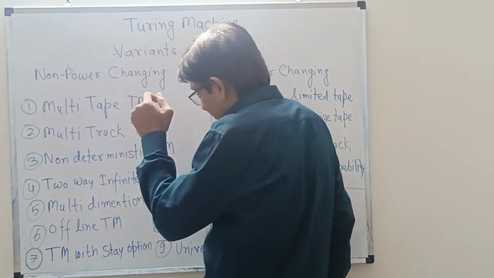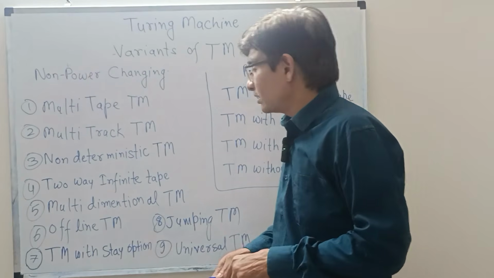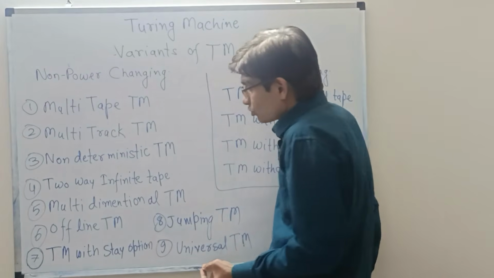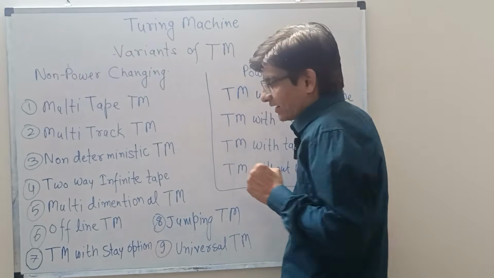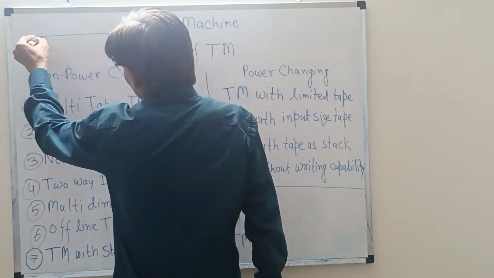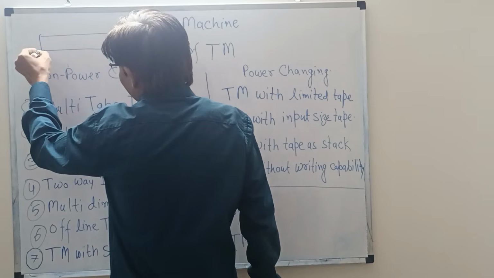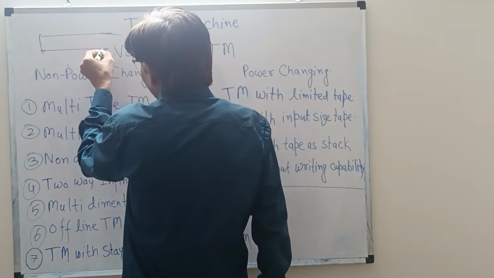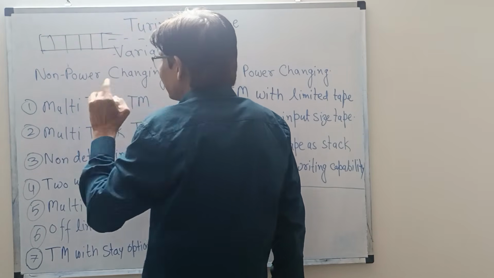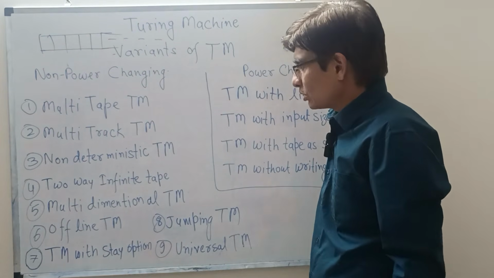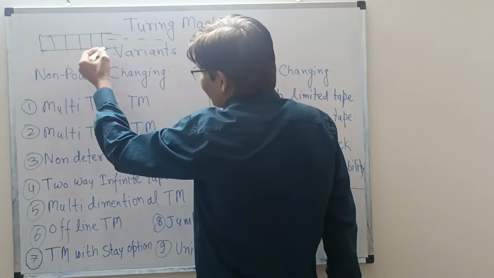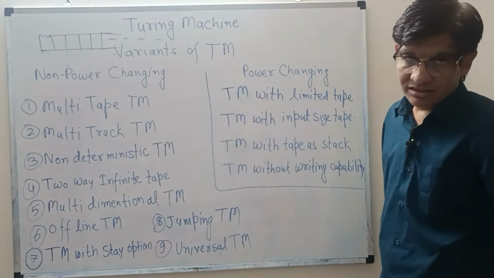And in this particular variant, one more variant you can add here, like you can have a one-way infinite tape. One-way infinite tape, so this would be like one end of the tape is fixed while the other end is infinite. So this is also something you can consider as one variant. So like two-way infinite tape Turing machine, you can have one-way infinite tape Turing machine.